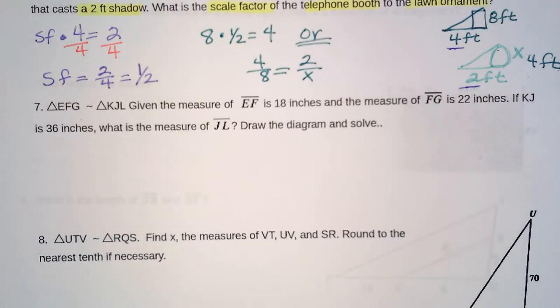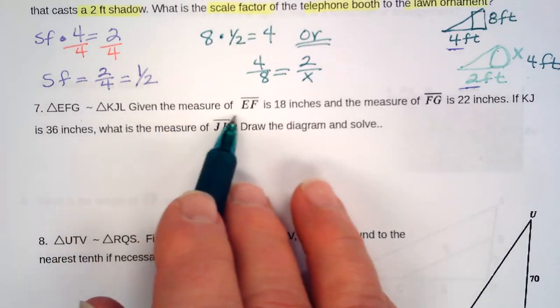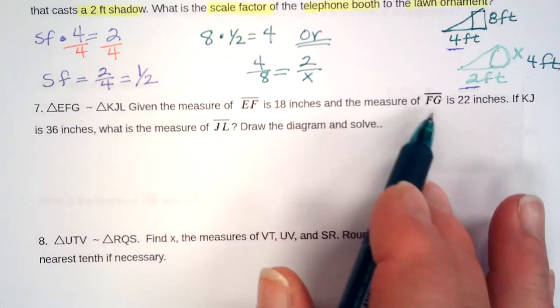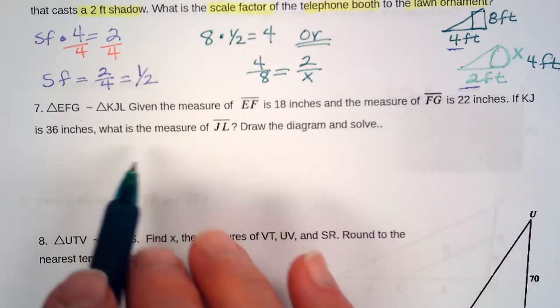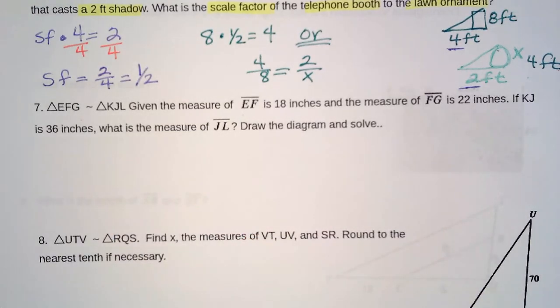So we are given that they are similar. And you're given the measure of EF is 18, the measure of FG is 22, and the measure of KJ is 36. So we're going to draw the picture.